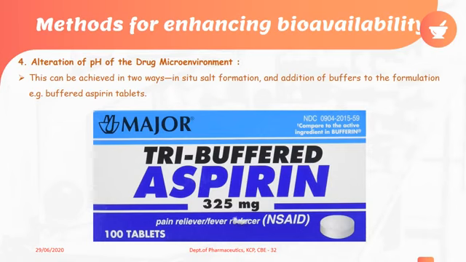For example, in case of ocular or ophthalmic solutions, there is poor bioavailability due to less contact time. Whereas in case of in situ gel, the drug will be in liquid nature in the dosage form. Once we add the drop in the ocular area, the solution gets converted into gel, sol to gel.